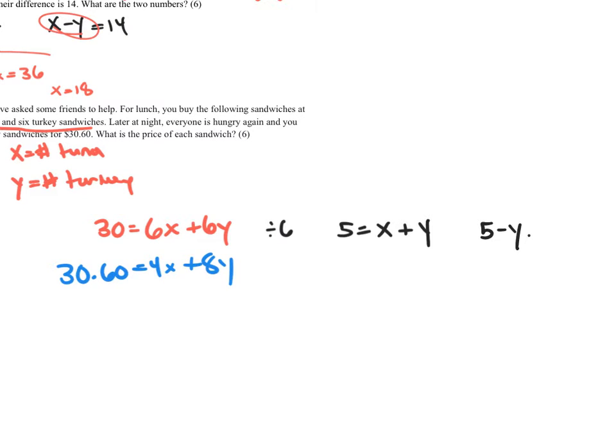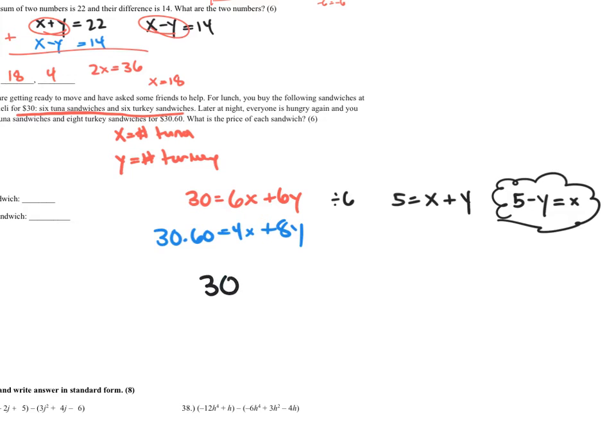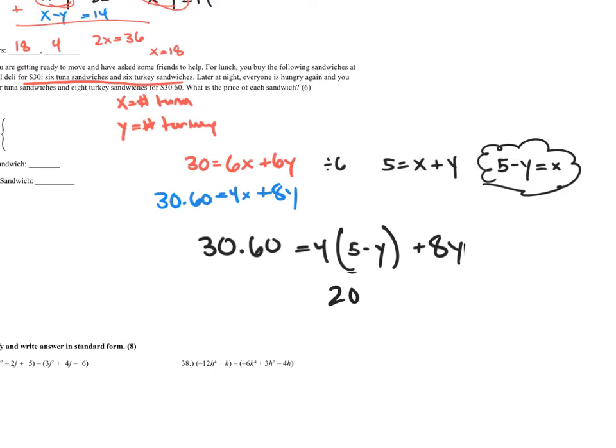I'm going to choose y though. And now I know that x is equal to 5 minus y. So if I come down to this second equation, I can now substitute x as 5 minus y. So then we'll have 20 minus 4y plus 8y.